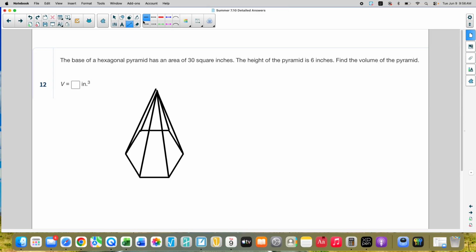All go to that point, and the hexagonal base area is 30 inches squared. And then the height of the pyramid is 6 inches. So that's to the bottom here. That's going to be 6 inches.